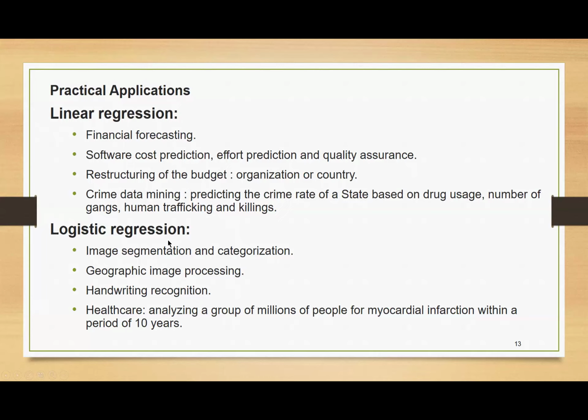But actually, if you do some modifications, you change some activation functions or change some structure of the logistic regression, then it can also be used in multi-class classification, like handwriting recognition, geographic image processing and image segmentation, something like this.